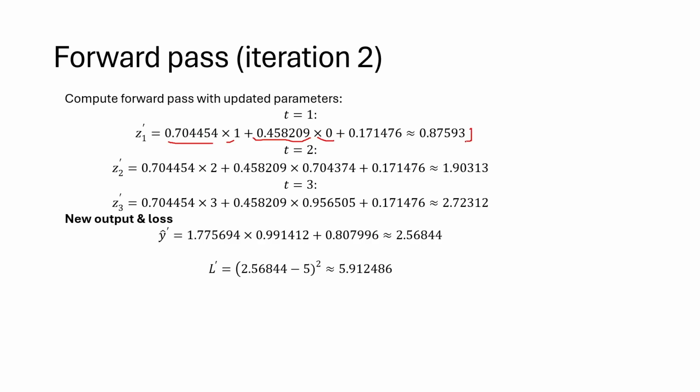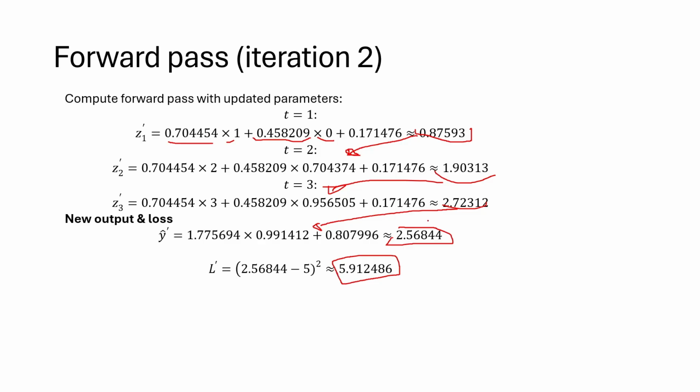We get this one, and we apply the tanh activation function. It becomes this value. We do the same thing here and the same thing here also. After getting the value, doing the activation, getting this value, so the output is 2.5 and the loss is 5.91.